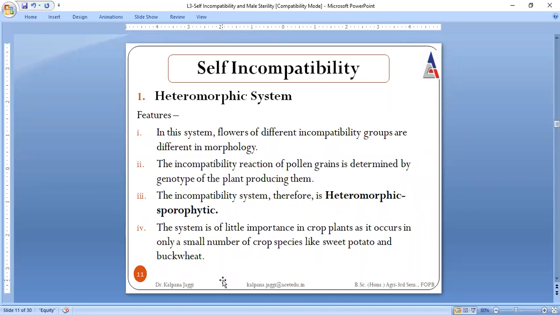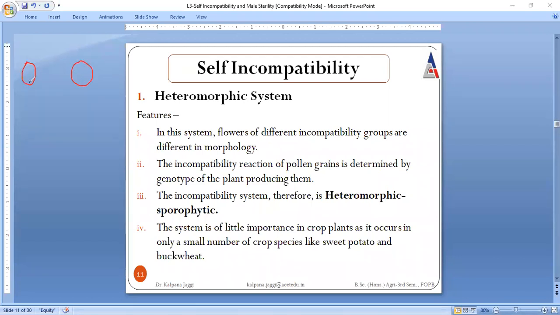Hetero means different and morphic means morphology. So in this system, we have one flower, we have another flower.